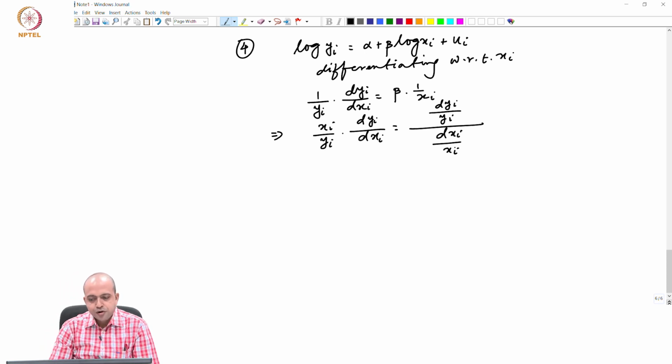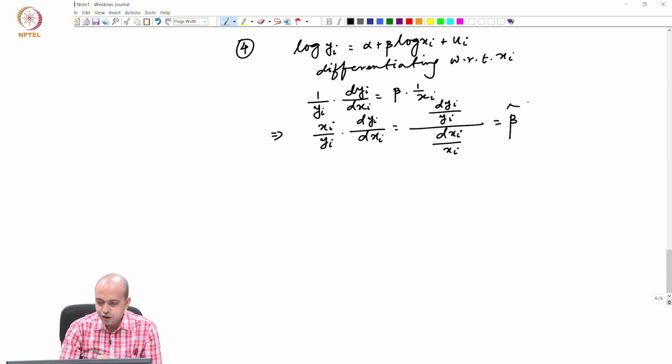Now, can you recall this relationship? Suppose this is my demand function, yi is the demand for the ith product and xi is the price of the ith product. Then in this context, this is nothing but beta hat. So, beta hat is the price elasticity of demand.